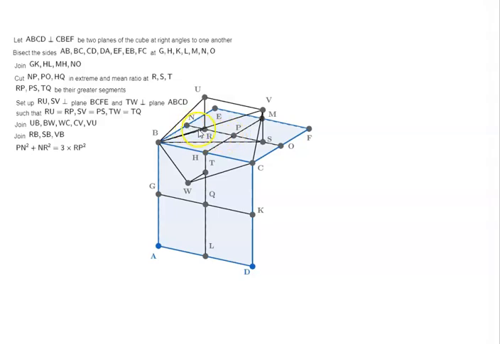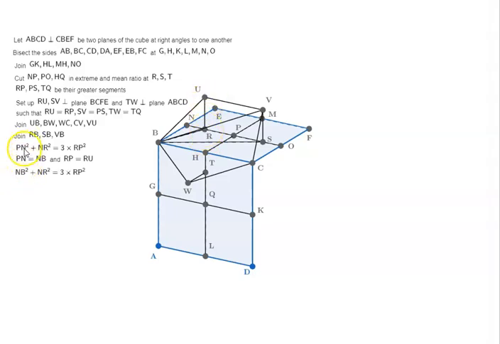PN square plus NR square is equal to 3 times RP square. Since NP has been cut at R in extreme and mean ratio, PN is equal to NB because BHPN is a square. RP is equal to RU.